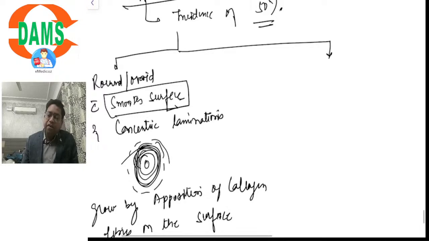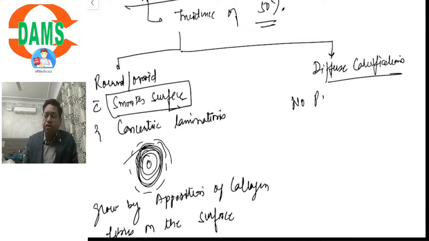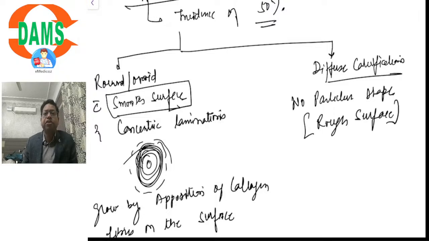Another type are diffuse calcifications, which have got no particular shape, and specifically they have got a rough surface as against that of concentric laminations that have got a smooth surface. So they can be of any irregular shape.